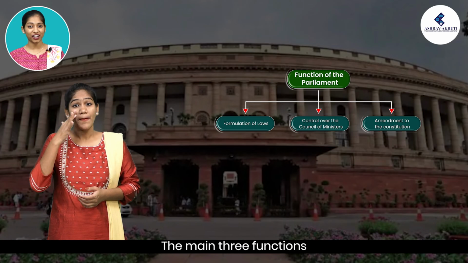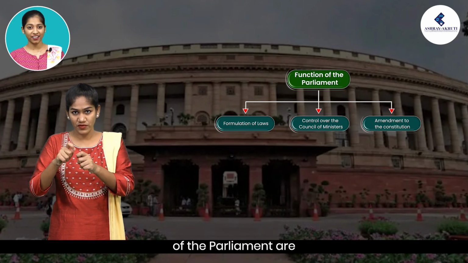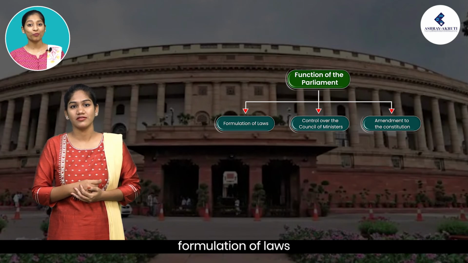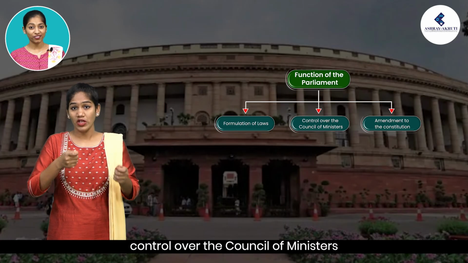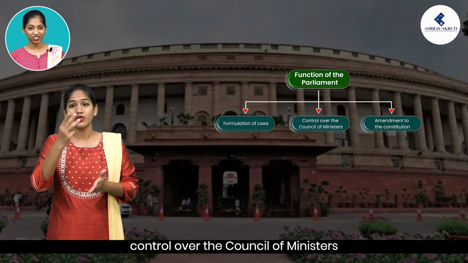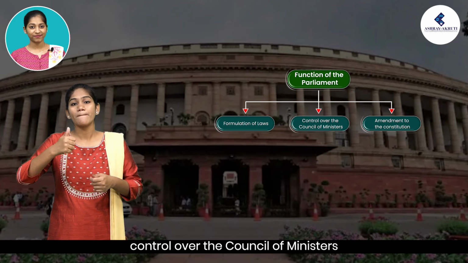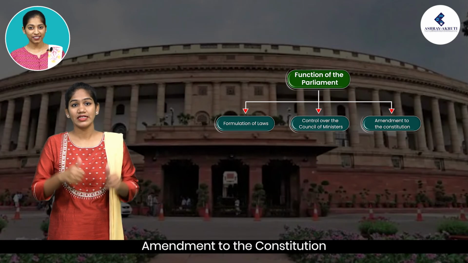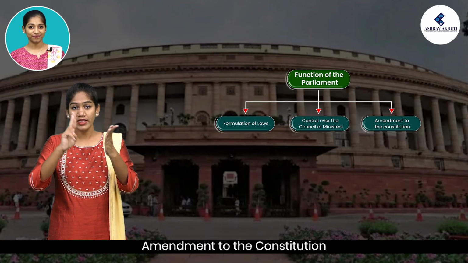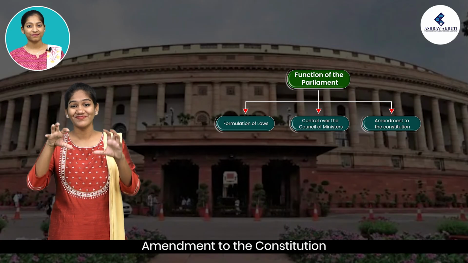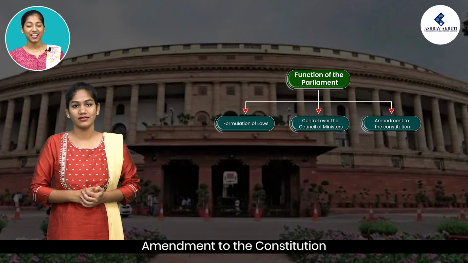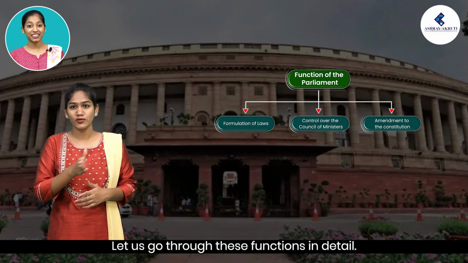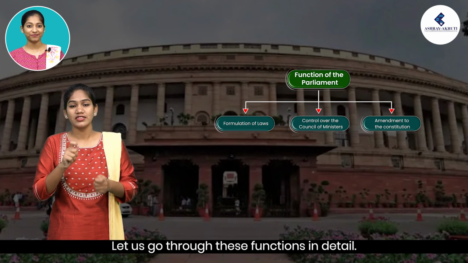The main three functions of the Parliament are formulation of laws, control over the Council of Ministers, amendment to the Constitution. Let us go through these functions in detail.